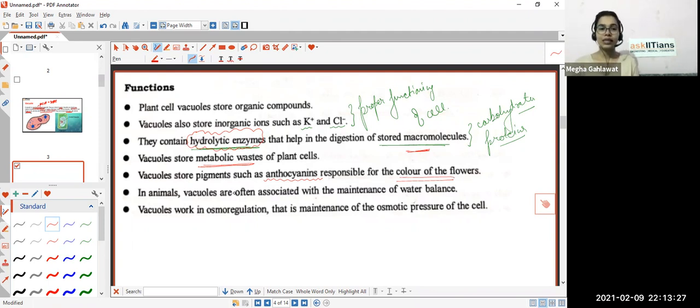Now, that being said, in the animal cells, vacuoles are often associated with the maintenance of water. This maintenance of water can also be called osmoregulation.